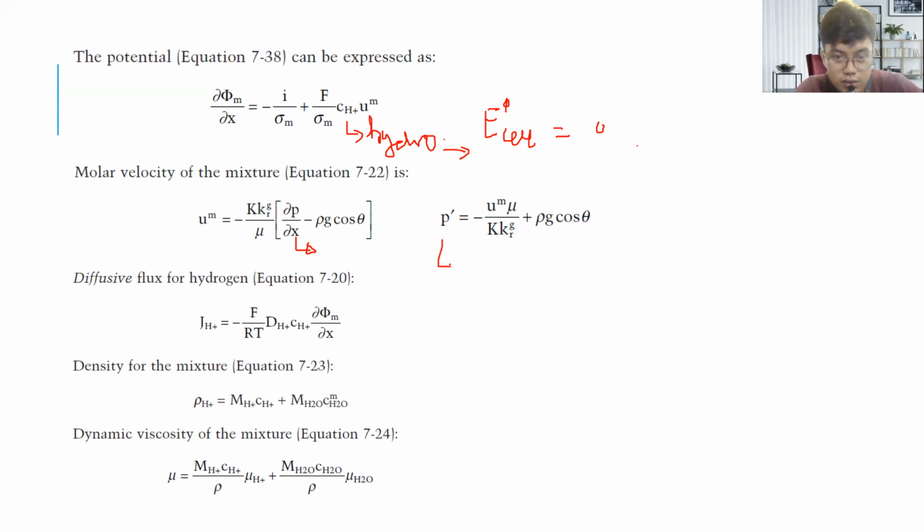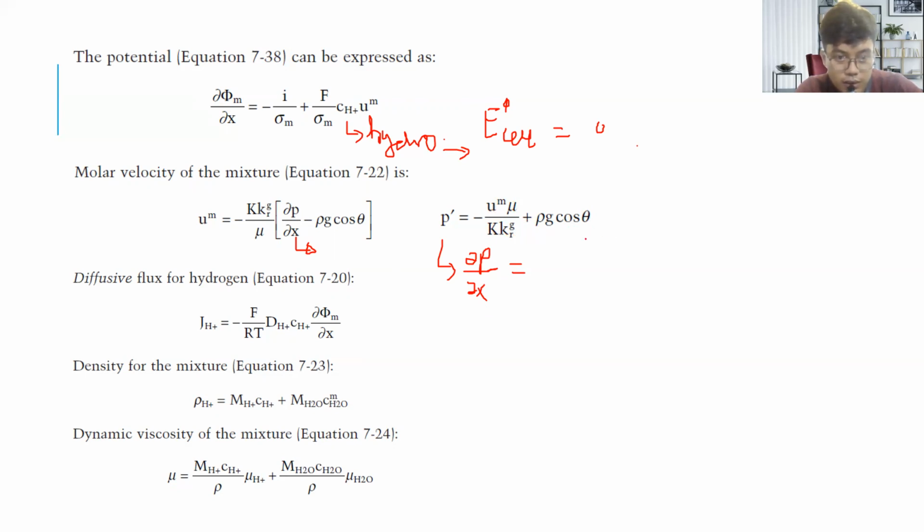This is the expression of delta P per delta X. Delta P per delta X is equal to minus molar velocity multiplied by viscosity per k Kr plus rho g cos theta.